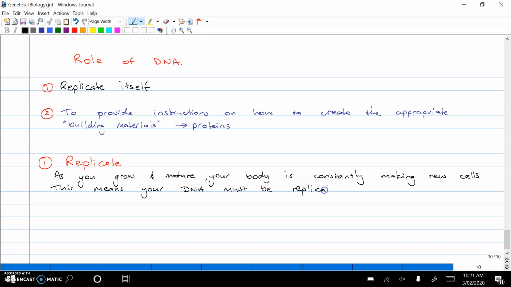And this means that every time a new cell is made, that new cell has to hold a copy of your genetic code, your DNA. So your DNA has to continuously copy itself.